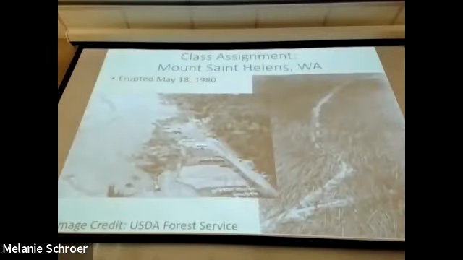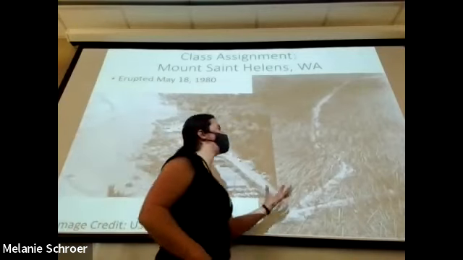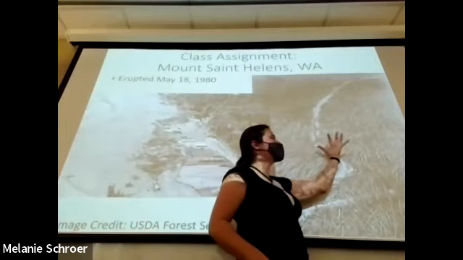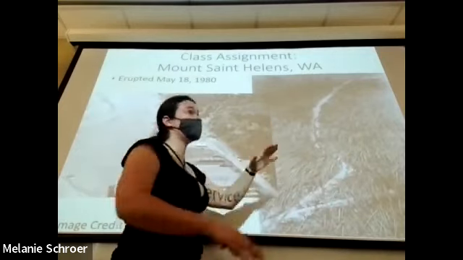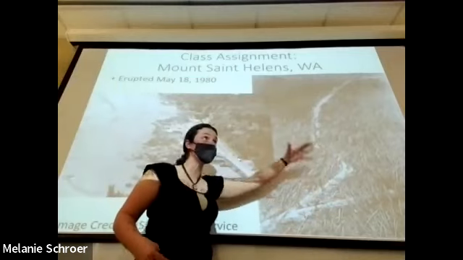Mount St. Helens in Washington erupted, the big one, on May 18th, 1980. The force of the blast was able to topple the trees in the entire area, right? They kind of look like matchsticks. Those are trees from up above.